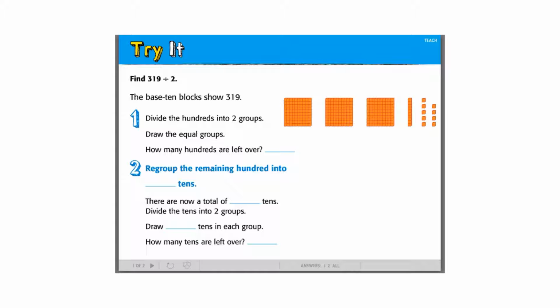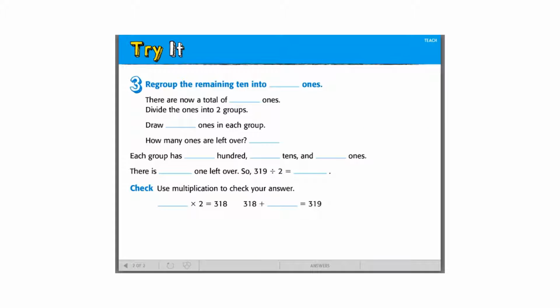Right. So now, number 3, we regrouped the remaining tens into 10 ones because we only had 1 of those left over. And then we had a total of 19 ones. When you look at your picture and you divided those 19 ones into 2 groups, how many did we put in each group?